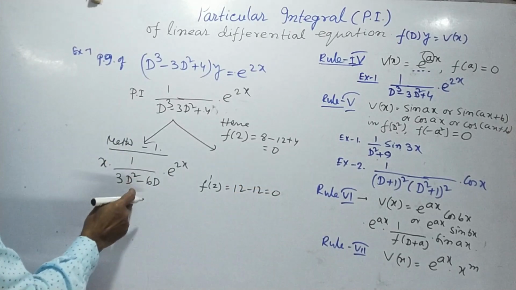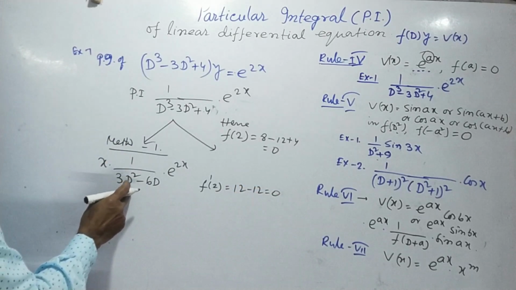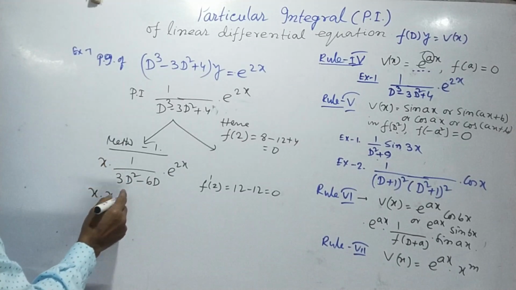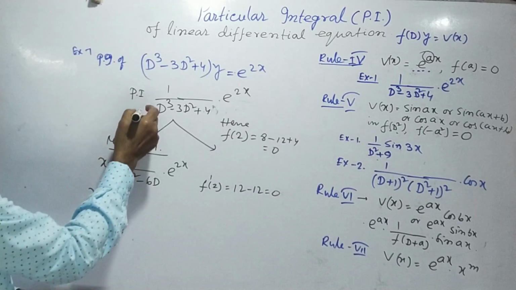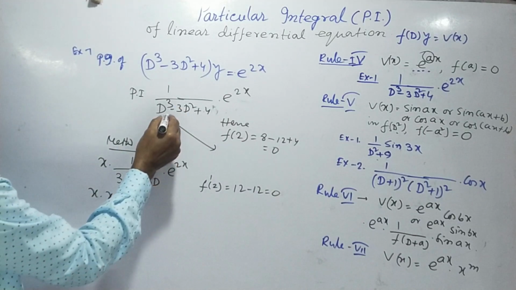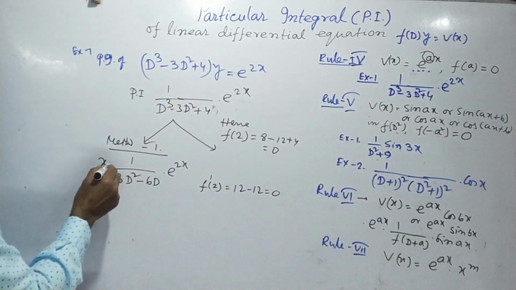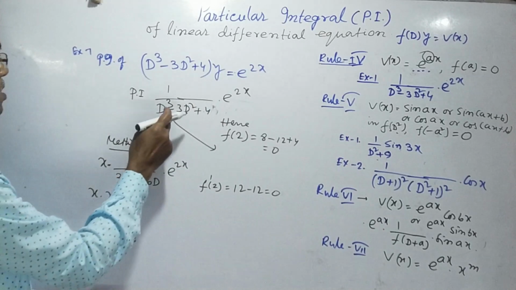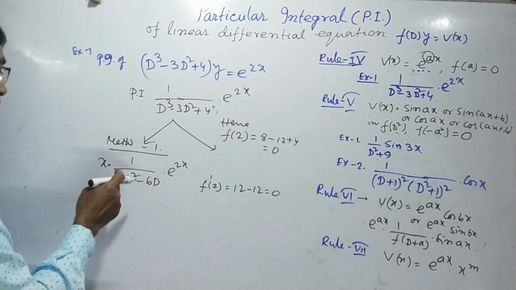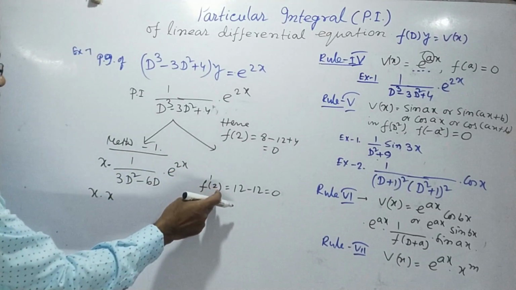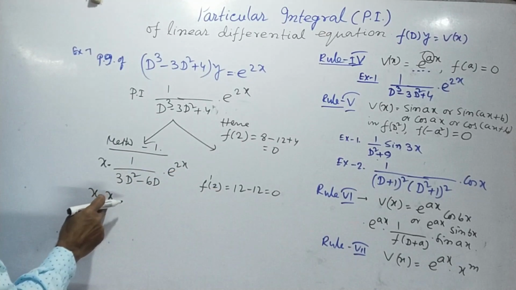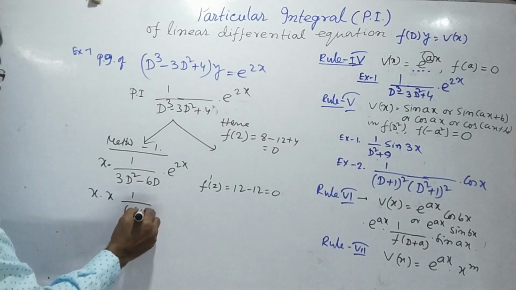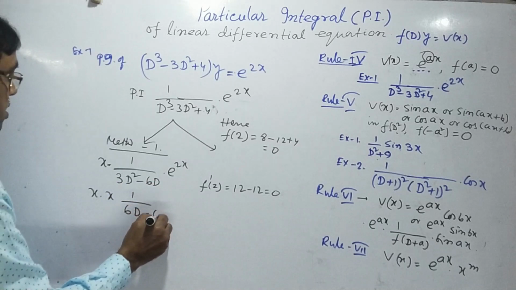So again we differentiate the denominator and put another x. In this first case we differentiate this and put x in the left of this, x into differentiation of this. f dash 2 equals 0, so again we put x and differentiate: 1 by (6D minus 6).